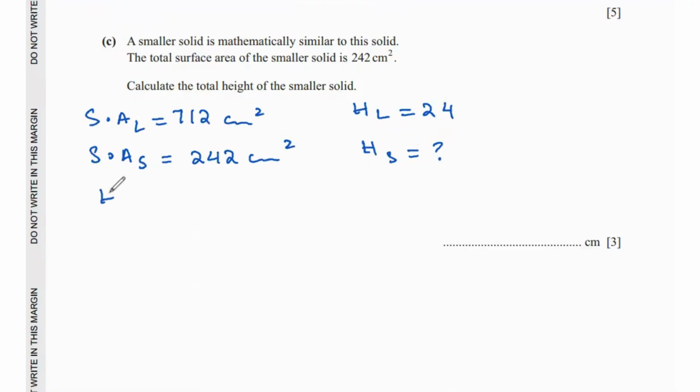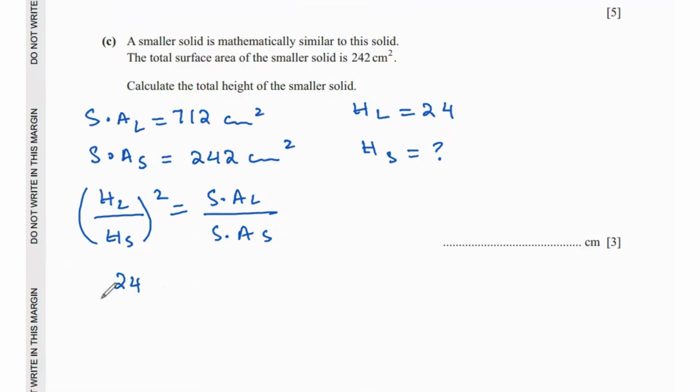So height of the small solid is what we're trying to find. So we'll say the height of the large solid divided by the height of the small solid, whole squared, equals the surface area of the large solid divided by the surface area of the small solid. So that's 24 over HS, whole squared, equals 712 divided by 242. 712 divided by 242 is 2.94.